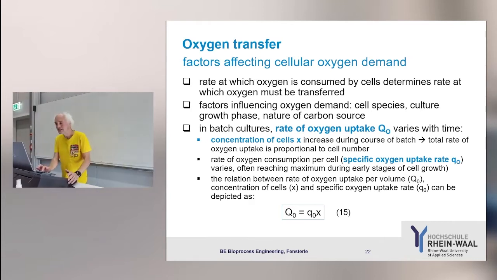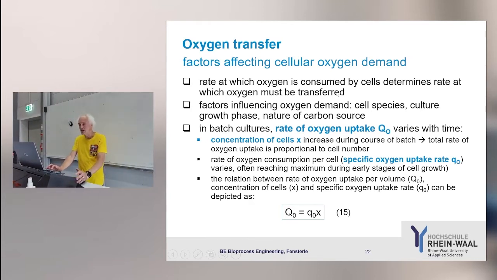So therefore, it's important that you consider the rate at which oxygen is consumed. How much oxygen is consumed depends on the cell species, growth phase, carbon source, and so on.